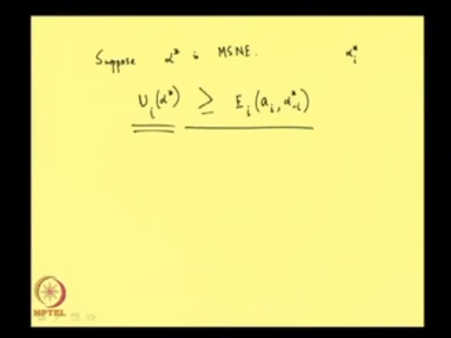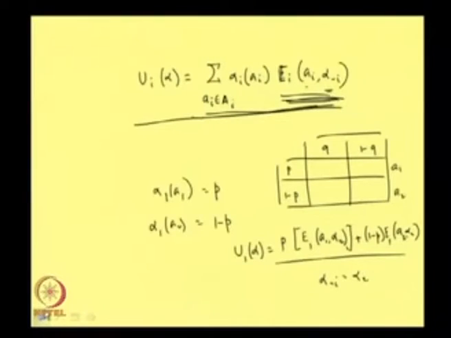Now, in the Nash equilibrium, remember we have this thing that there are some actions which are given by A1, A2, etc. All these actions are, suppose, player 1's actions. They are given by A1, A2, AM.